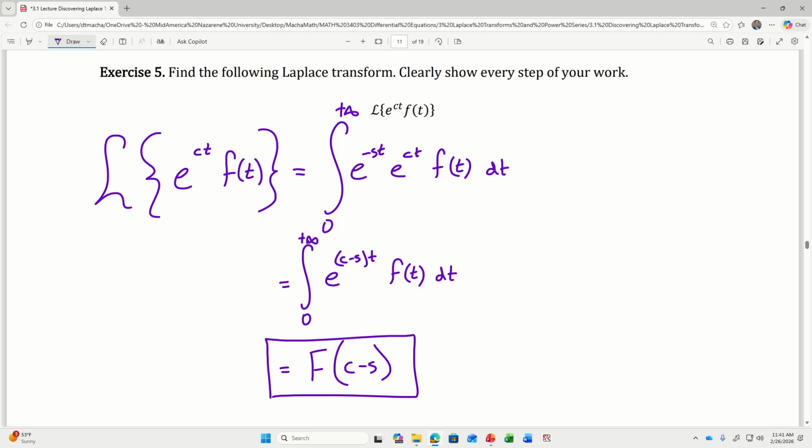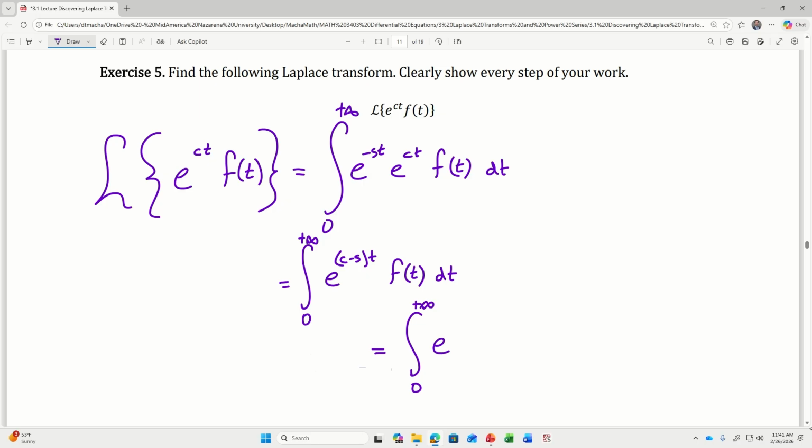Sorry, I read it backwards. This is such an easy mistake to make, right? But that wouldn't be the same as replacing s with c minus s. Because in the Laplace transform formula, s should be negative. There should be a negative s that appears in the formula, is what I'm trying to say.